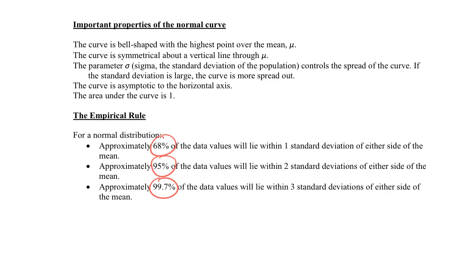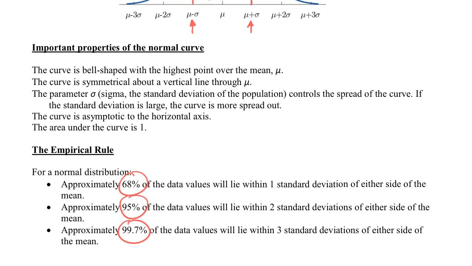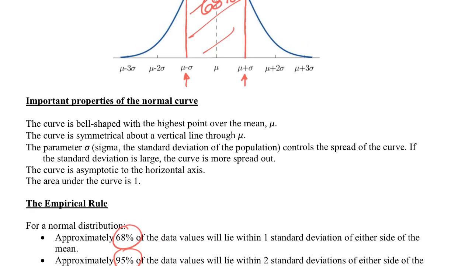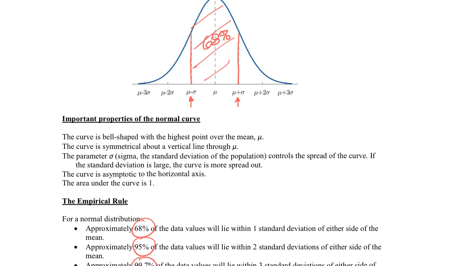So in the curve up here, what that means is basically from here to here. This is 1 standard deviation below the mean, 1 standard deviation above the mean. And right in here, about 68% of the data are going to be within 1 standard deviation of the mean. Okay, so if you keep looking here, it shows that about 95% of the data will be within 2 standard deviations of the mean.